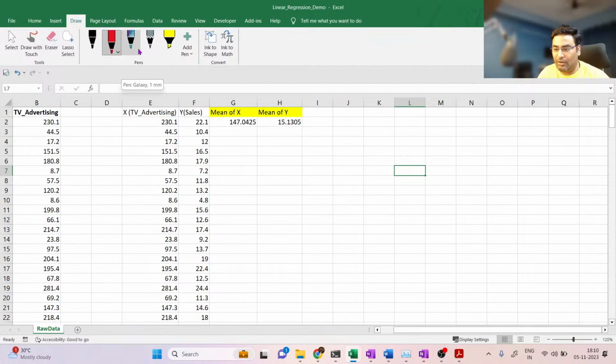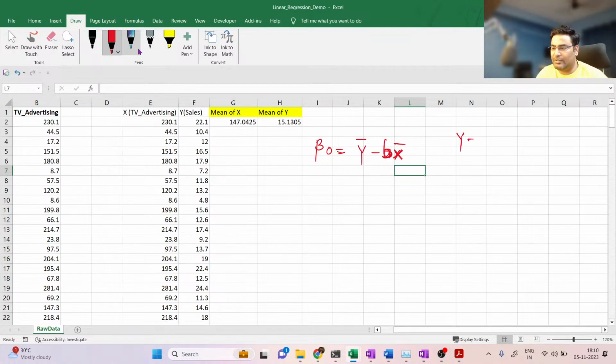Yeah, thank God. So beta naught is equal to y bar minus b times x bar, right? Correct?